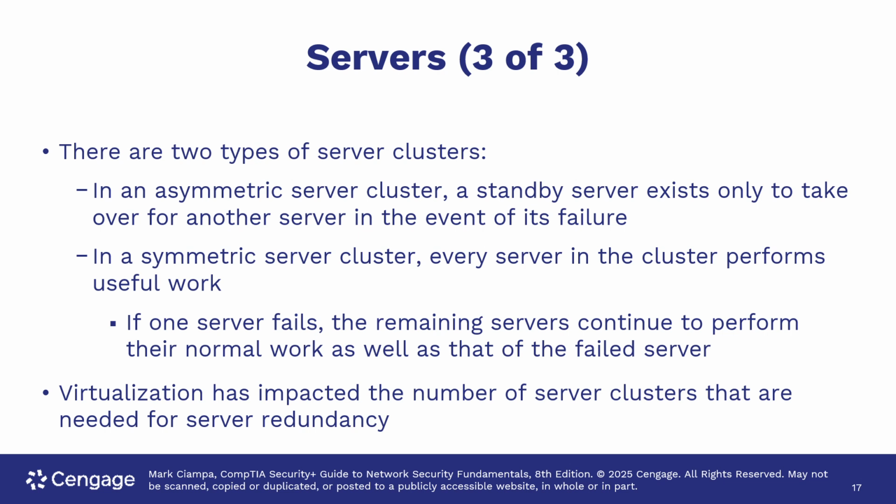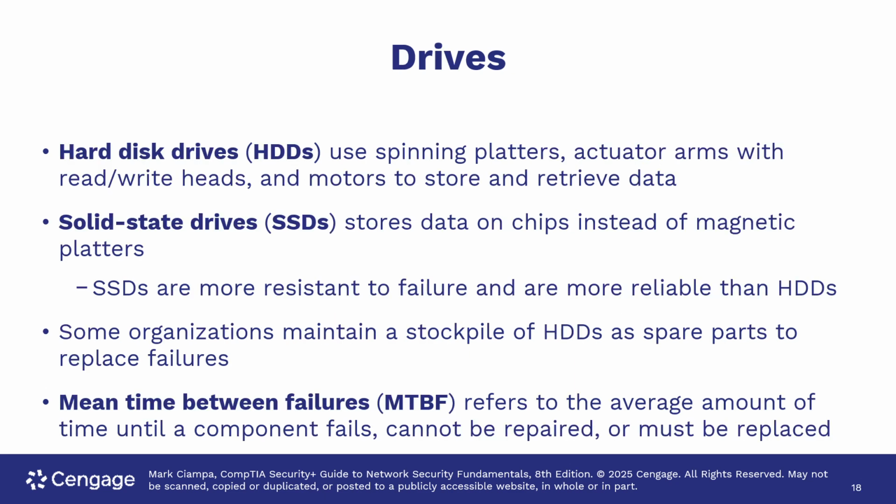Virtualization has impacted the number of server clusters that are needed now for server redundancy. Let's talk about hard disk drives, or different drives. You have the hard disk drives, or HDDs. They're spinning platters, actuator arms with read-write heads, and motors to store and retrieve data. I don't know if you've ever seen the inside of a hard drive.